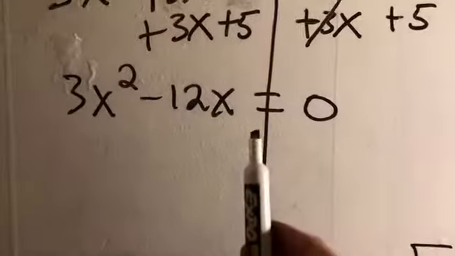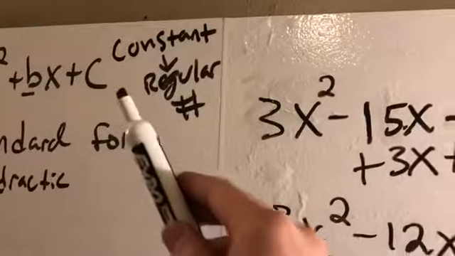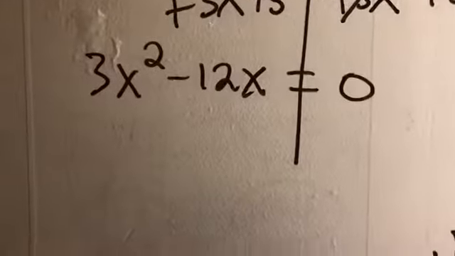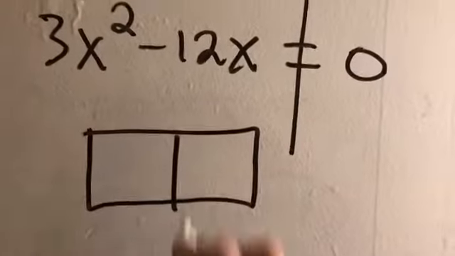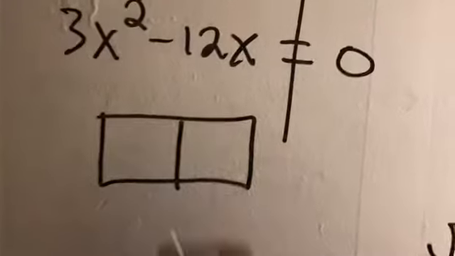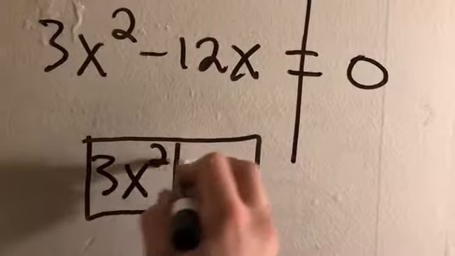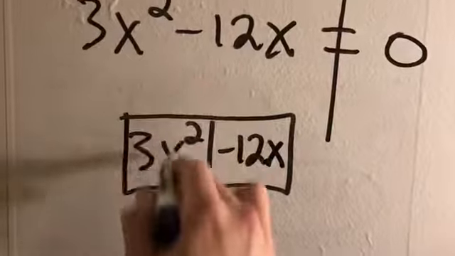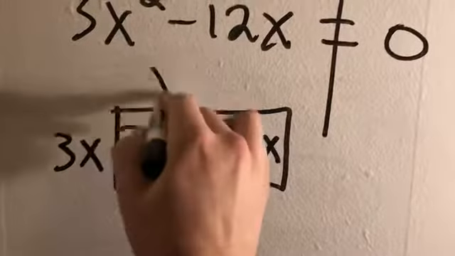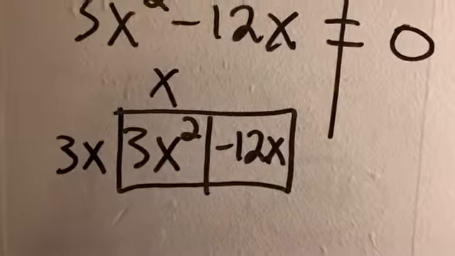Once again, I notice there's no constant. There's no c value. So this is going to be an even easier factoring. It's just going to be a simple little 1 by 2 box. One for each. And now we'll figure out how to multiply there. So here, 3x times x gets us 3x squared.